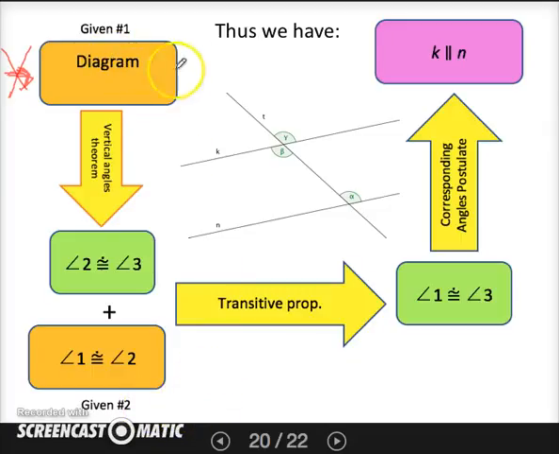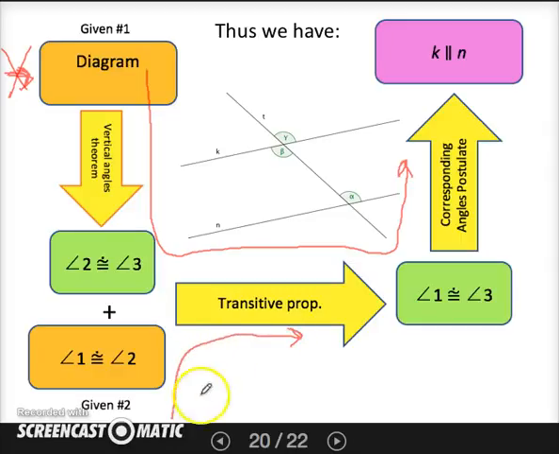There's this line of reasoning, and then there's this line of reasoning, starting from this given. And these two lines of reasoning have to join up in this step right here. They combine to make the deduction that angle 1 was congruent to angle 3.